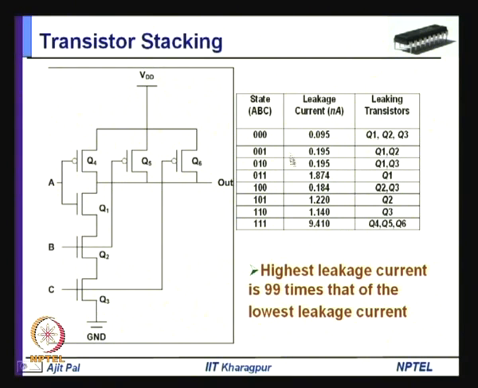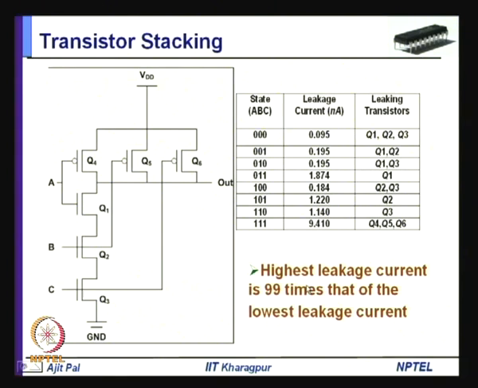And when it is 0 0 1, that means this is off, this is off and this is on. In such a case, you can see leakage current is increasing, but leakage current is much less than whenever it is 1 1 1.